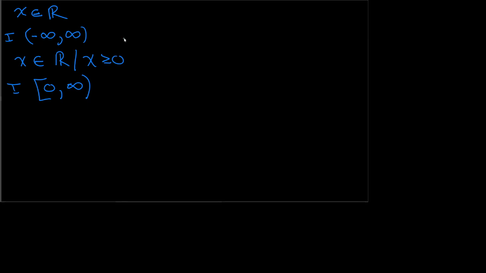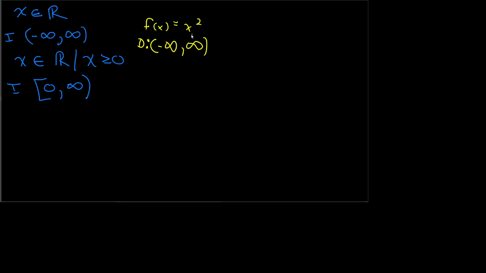So for example, I showed the function f of x equals x squared. I can give that the domain D, and we'll give it all real numbers from negative infinity to positive infinity. Well, when I graphed x squared, I noticed that if I take a negative times a negative, I get a positive.